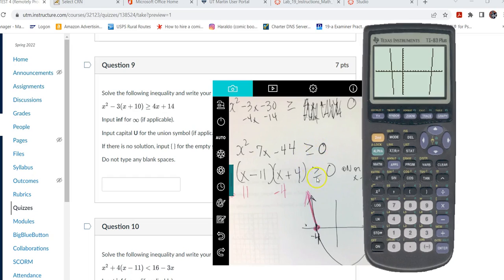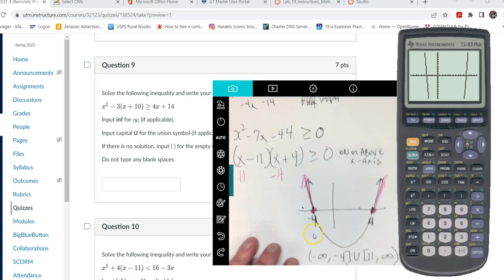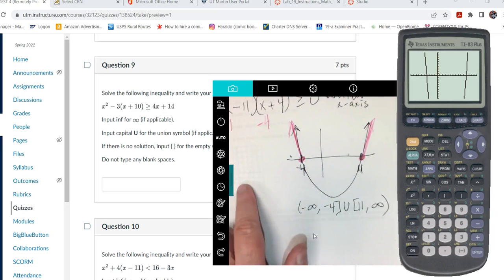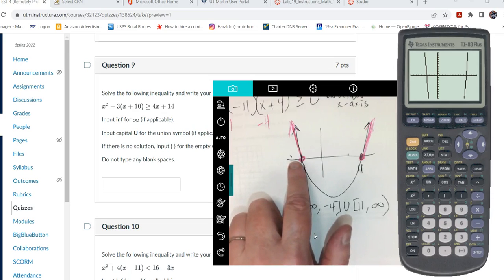So the question is asking you, where is it on or above the x-axis? And we get the picture that I drew down here. Okay, so it's on or above on the pink. And where is that on the x-axis when you're putting it in interval form? When your x values are between negative infinity and up to, including negative 4.